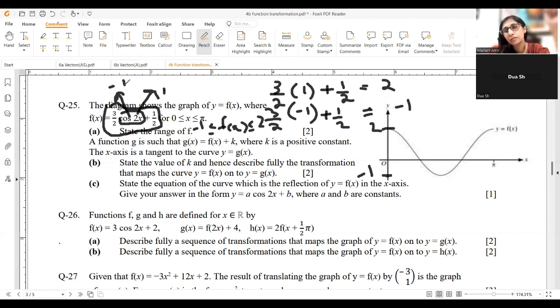So replace cos 2x with 1 once, and that will give you the maximum possible value of this curve. And replace cos 2x with -1 later and get the minimum possible value of this curve. Right, so you get 2 or -1. So your graph will always lie between 2 and -1. So that's the range.